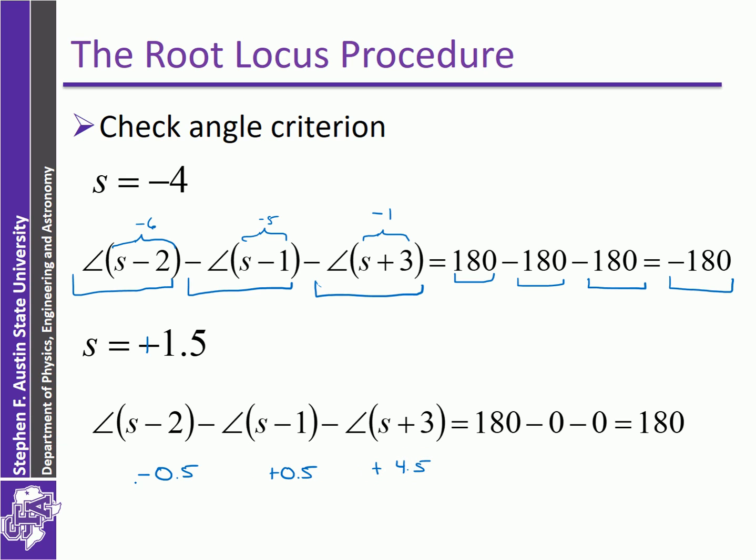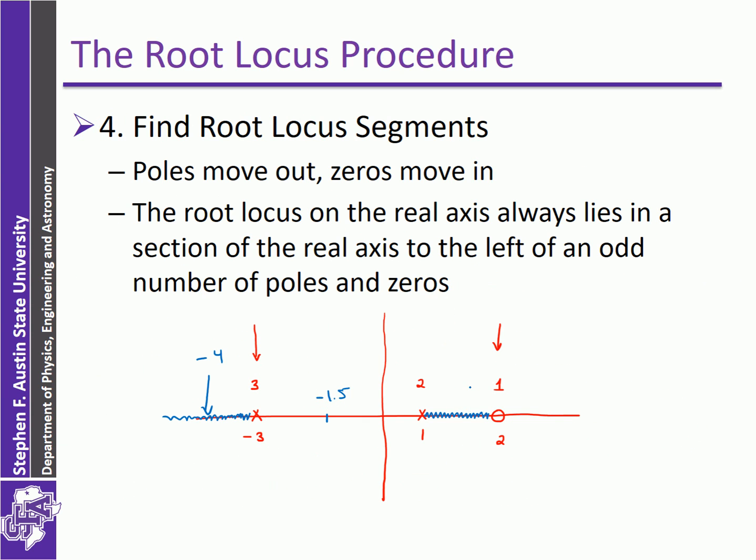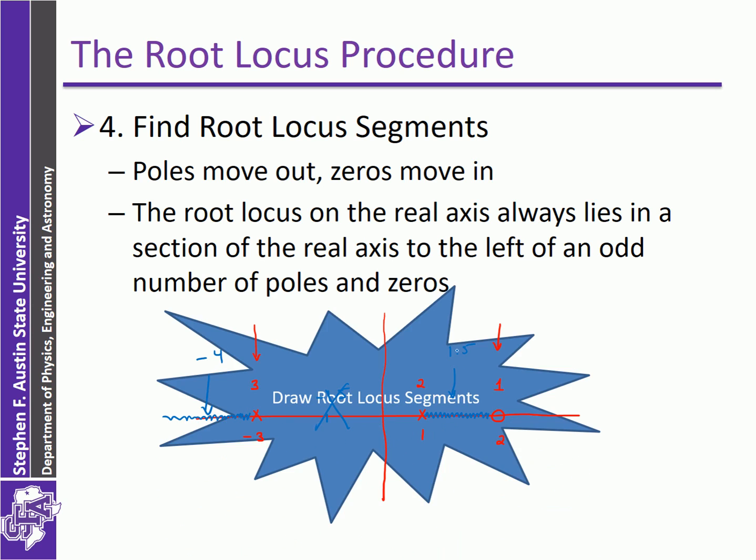So this one has an angle of 180 degrees, an angle of 0, and an angle of 0, giving us the criteria. So we basically pick a value of plus 1.5. It is not this value, but actually a value right in here of 1.5. So that validates our result.